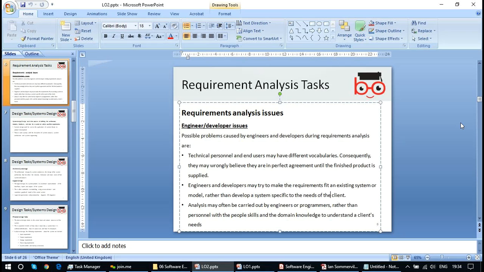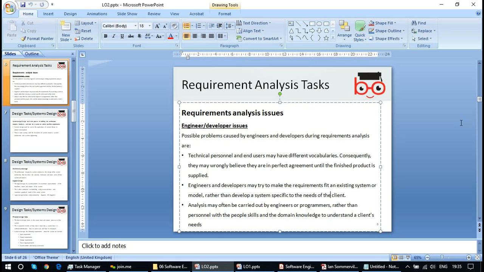And sometimes, whatever the client is saying, they would use their own. That's also a problem. It would be difficult for them to listen to the client because of the technological issues.